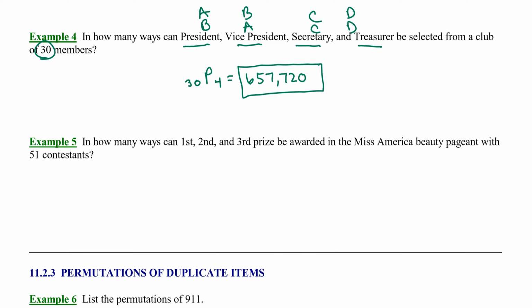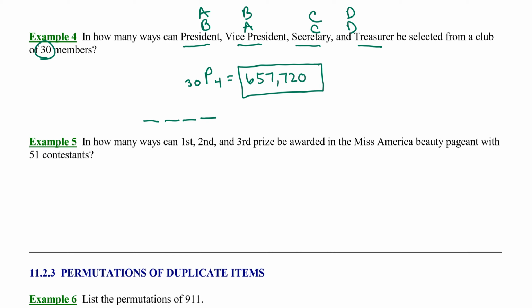Now, a quick little note, permutations and the fundamental counting principle are often related. Another way I can think about this problem is through the fundamental counting principle. We've got a series of 4 decisions to make, right? Who are we going to choose for president?